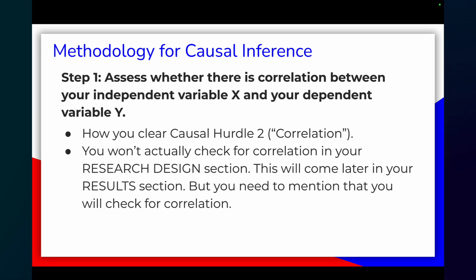That comes later. That will appear in your results section, but you need to say in your research design section that you are going to be testing for correlation. So in your research design, it should say, I am testing for correlation between my independent variable and dependent variable.